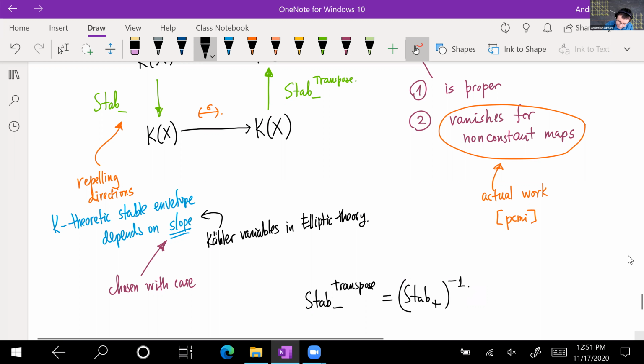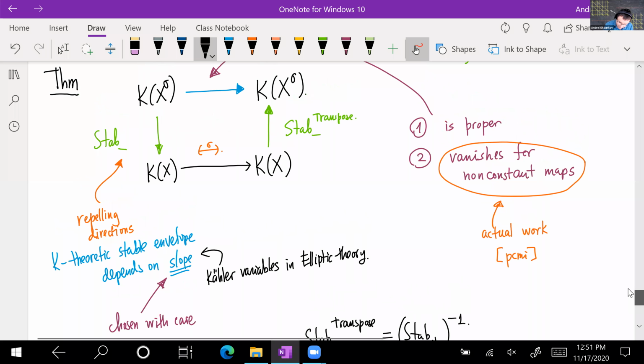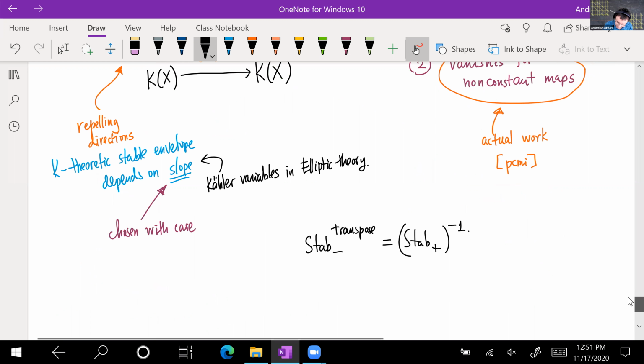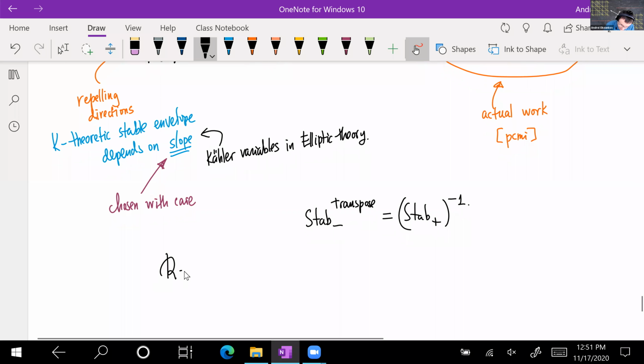And so what you see is that this map is really like a difference between Stab plus and Stab minus. This is the R matrix. This is Stab minus inverse composed with Stab plus.